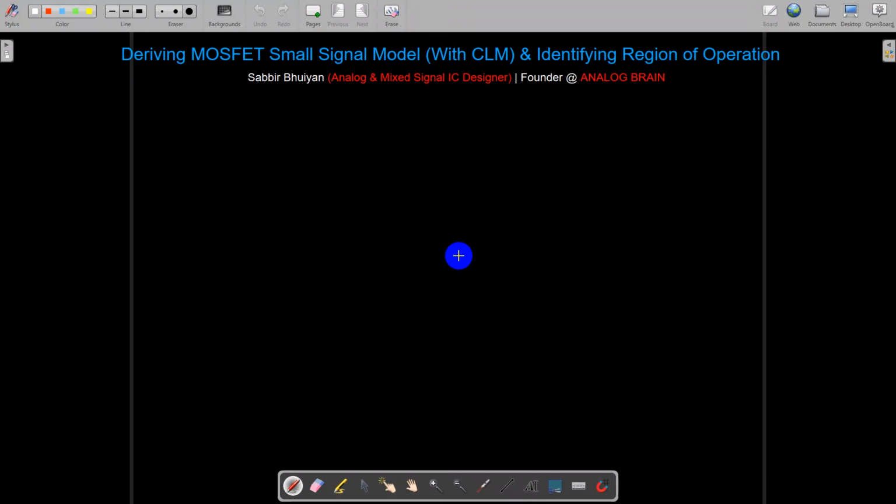In this lecture 6, we'll derive the MOSFET small signal model in presence of CLM completely from scratch, and we'll also identify the proper region of operation for a MOSFET. So in this lecture, number one, we'll derive the small signal model. Number two, we'll find the constraint on small signal approximation for a single MOSFET. It means when the small signal approximation would be valid. And the second thing, we'll identify the region of operation for a MOSFET to be an amplifier.